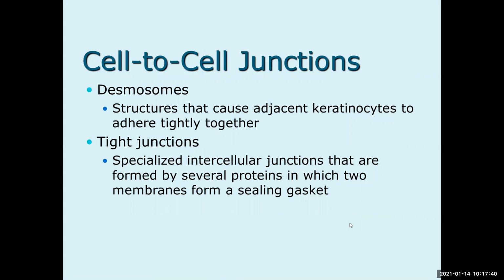Desmosomes are structures that cause adjacent keratinocytes to adhere tightly together. So you've got tight junctions, and those are specialized intercellular junctions that are formed by several proteins, and the two membranes form a sealing gasket. So those are the desmosomes.